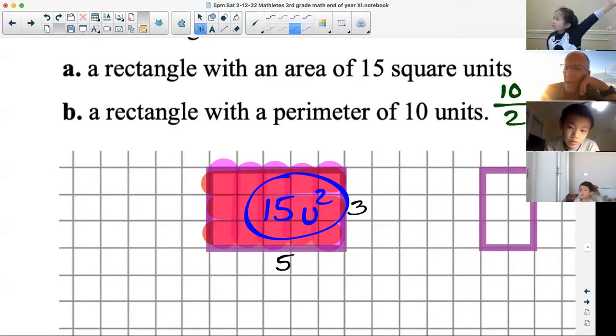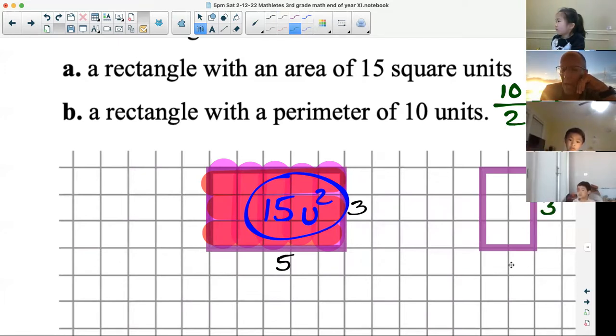Jason F., what is half of 10? 8. Come on, I know you would know. 5. Of course it's 5. 8 is half of 16. Therefore, if my two dimensions add up to 5, then the perimeter will be 10.